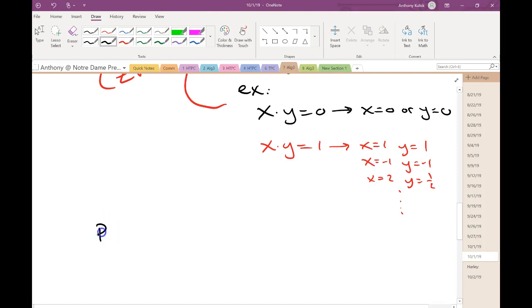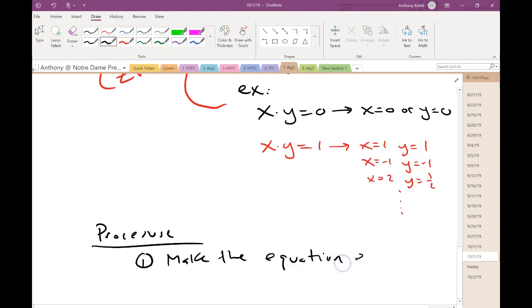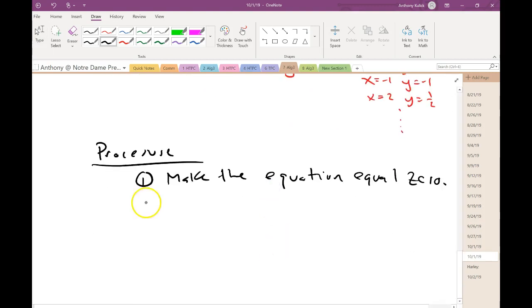So let's run through the procedure of what we need to do. The first thing we need to do is make sure our equation is equal to 0. To do that, we'll just add or subtract things from both sides, so we move everything onto one side. Everybody okay with that idea of what making the equation equal 0 would entail? Okay.